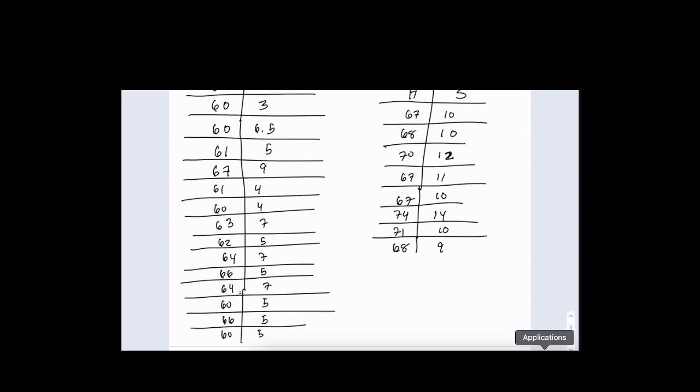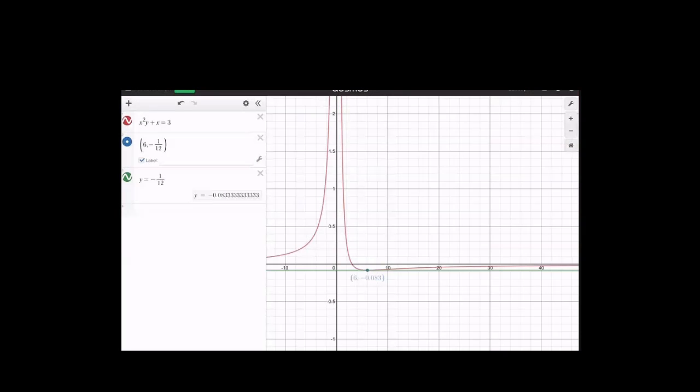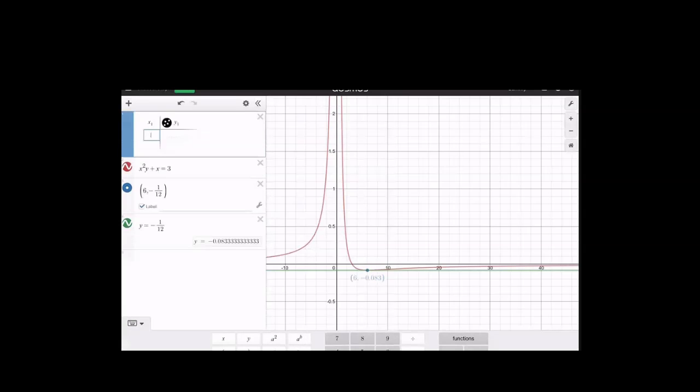I want you to note that you should be utilizing a calculator app, however you have access to one. I'm putting this out there very clearly: you need to have a calculator app in order to do this. I haven't even tried Desmos yet. I think you can do a table and put in the points.